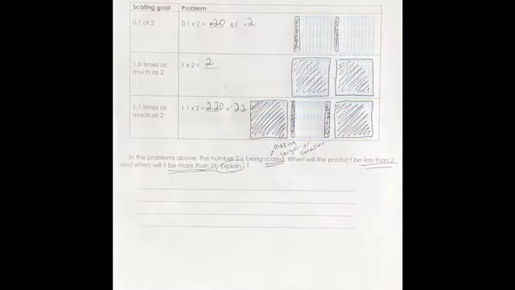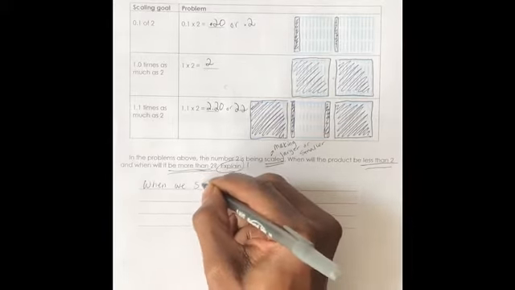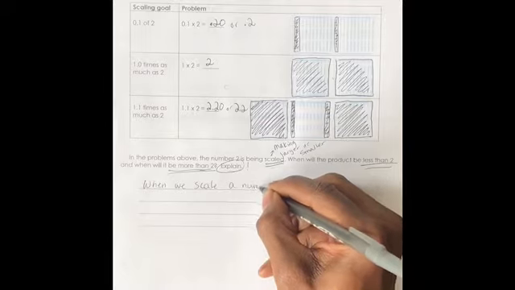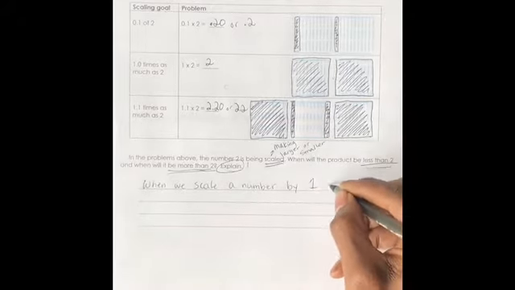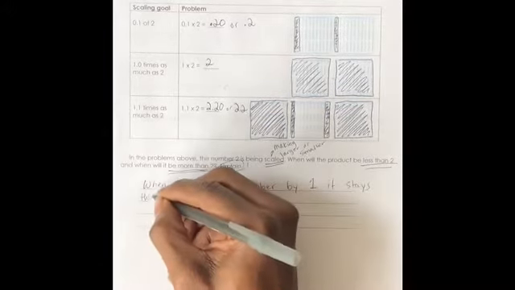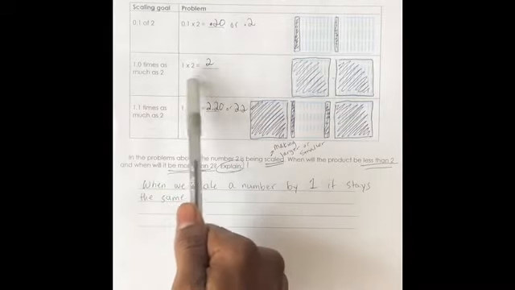So that pattern tells us that when we scale a number by 1, it stays the same. And we knew that already. We know that 1 times any number is going to give us that same number.